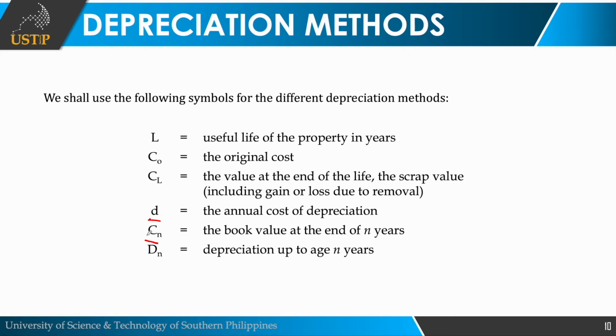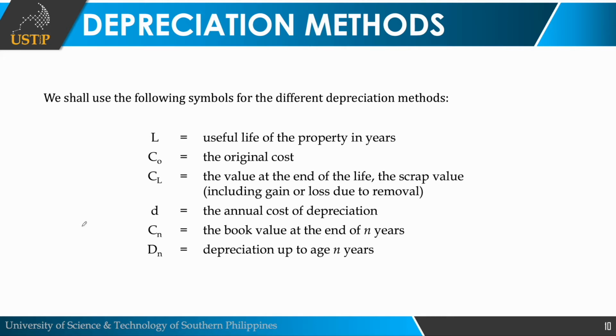Of course, that is your original cost minus the depreciation you accumulated after 3 years. And then the D sub N is the depreciation up to age N years. That is your depreciation accumulated up to whatever N is asked. Okay? So these are the symbols or notations we use.